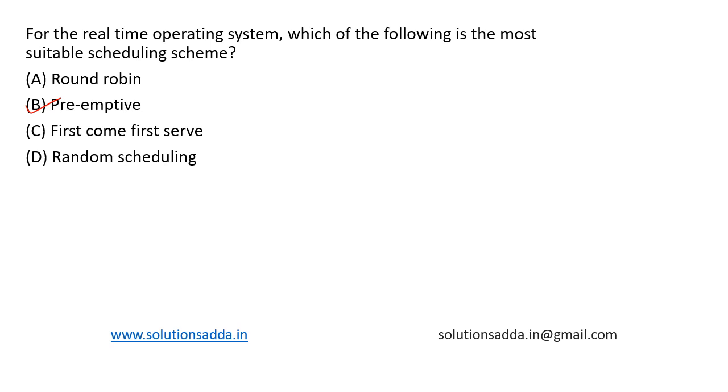In real-time operating system, we have different tasks to perform simultaneously, and there are a few tasks which need to be performed first on priority basis. So considering the other options such as round robin, first come first serve, and random scheduling, preemptive scheduling is the best choice for a real-time operating system. And the correct answer is option B.